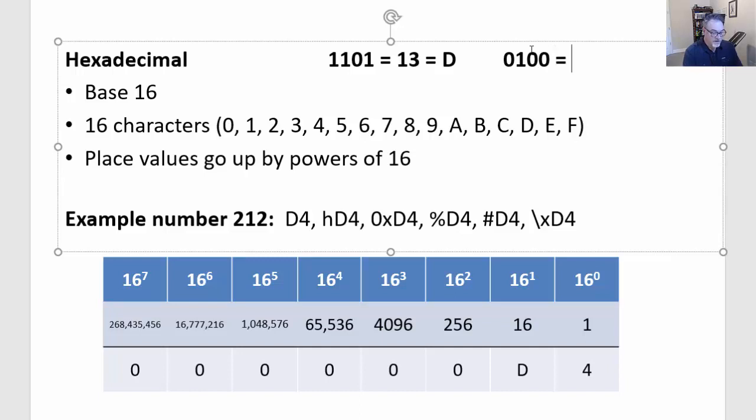And that equals a 4 in binary, and it also equals a 4 in hex. So if I take 1101 as my D here, which is a 13, and I take my 0100, which is a 4 in hex, what if I put them together?